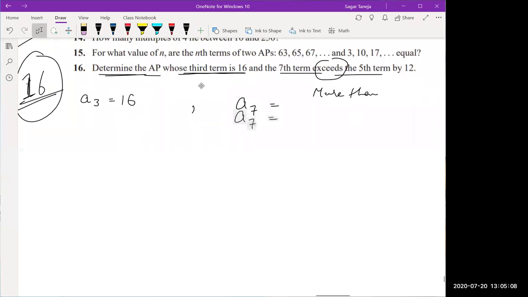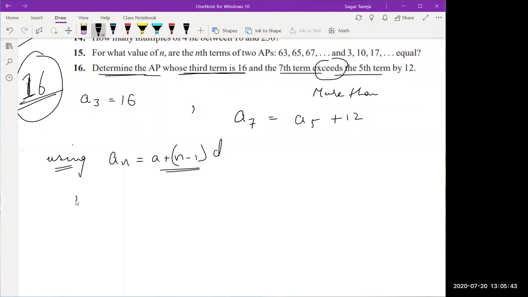Seventh term exceeds the fifth term by 12. Means seventh term is more than fifth term by 12. We just have to expand with the help of the formula of general term of an AP, that is an is equal to a plus n minus 1 d.